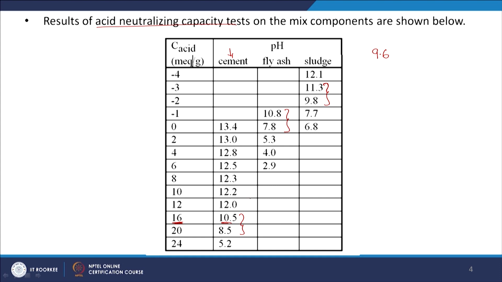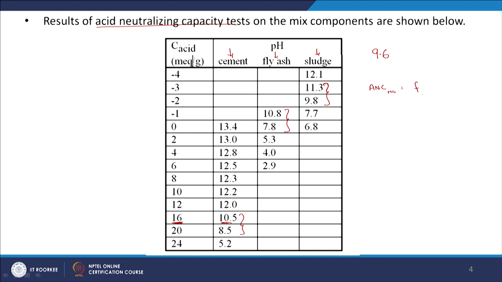So by linear interpolation between these three sets of values for cement, fly ash and sludge, we are trying to find the acid neutralizing capacity of this particular mixture. And what is that equal to?